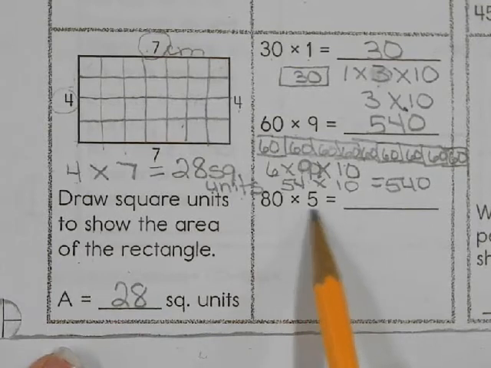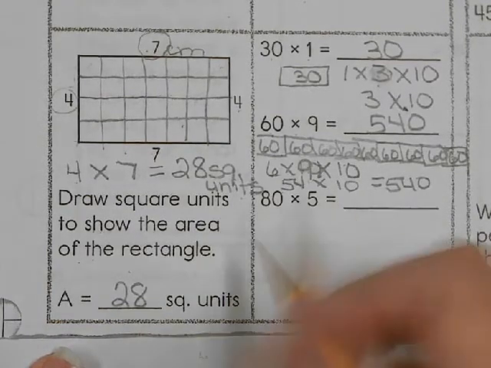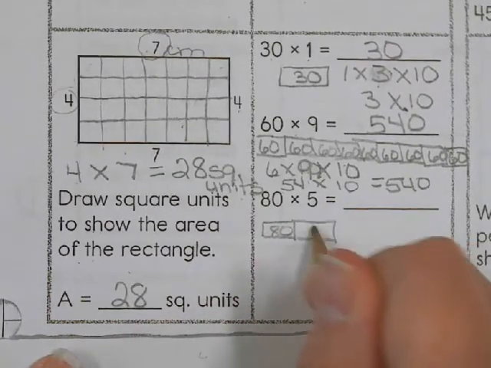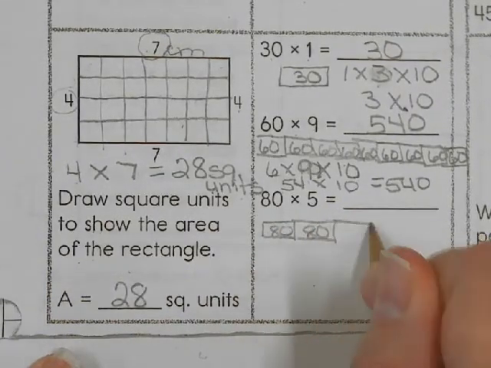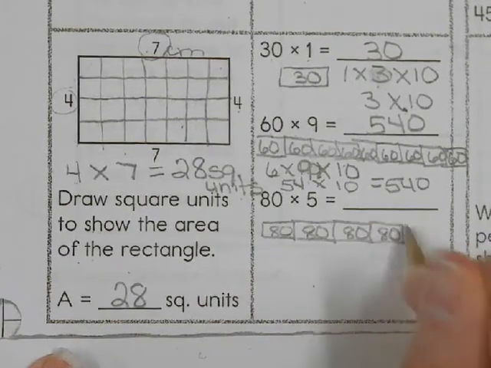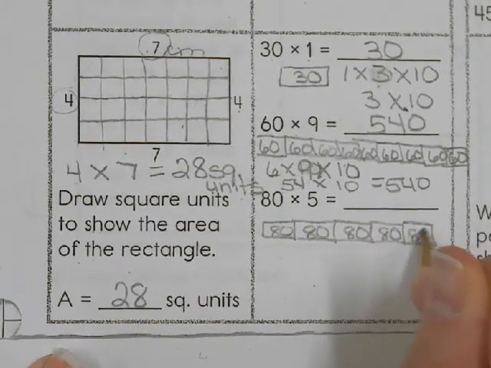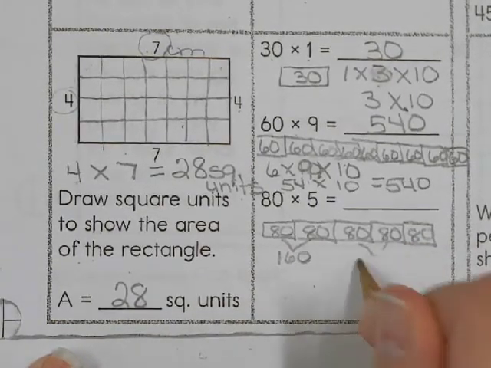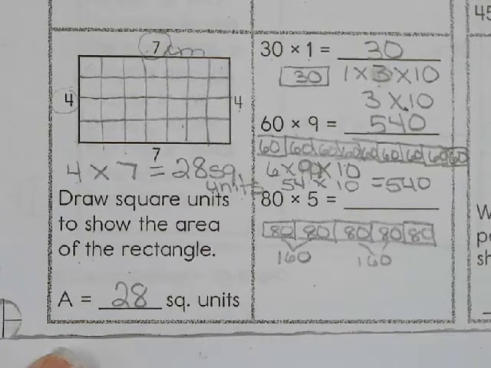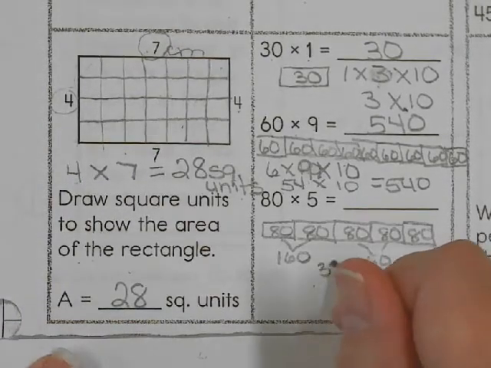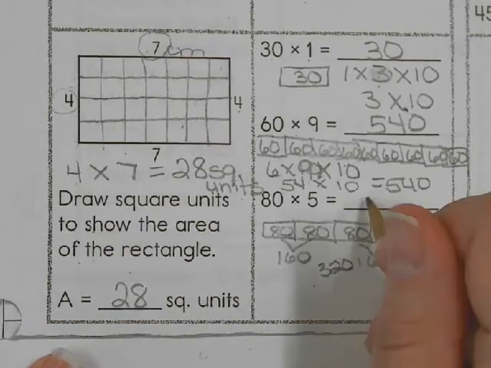Same thing for 8 times 5. We could have 5 groups of 80. If we need to go the long way and use our understanding of repeated addition, we can do that. We know that 2 groups of 80 is 160, 2 groups of 80 is 160, then add another group of 80, and this is going to give us 320 plus 80 should be 400.